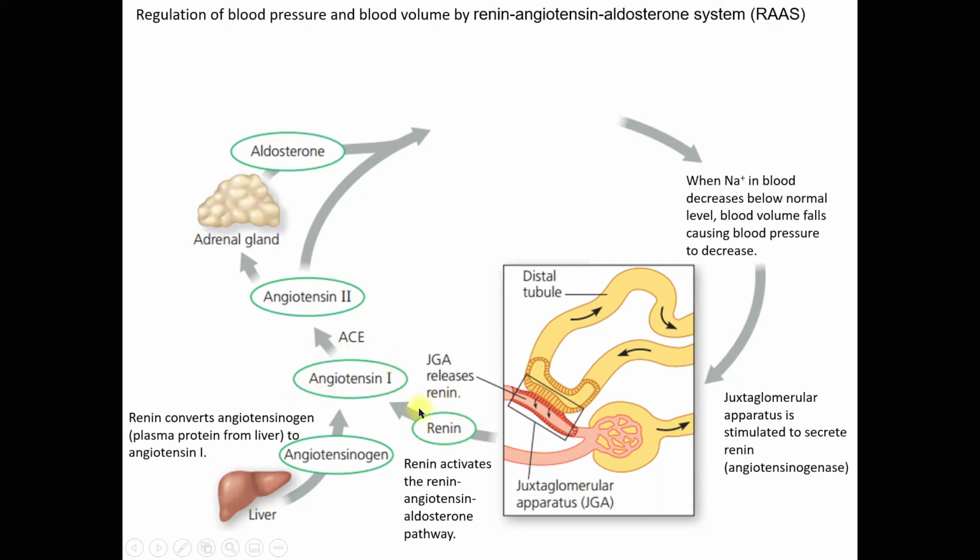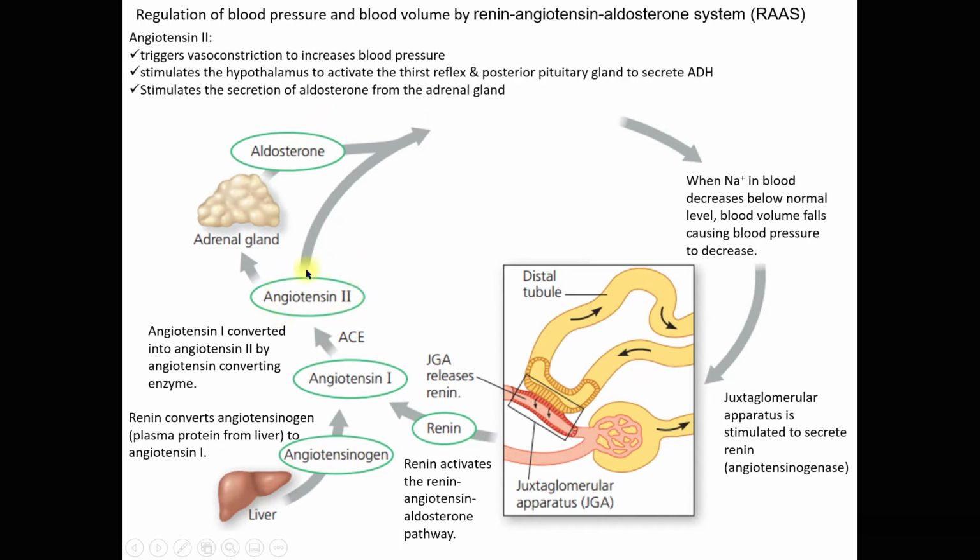Renin from the juxtaglomerular apparatus will convert angiotensinogen from the liver into angiotensin 1. Now this angiotensin 1 will be converted into angiotensin 2 by ACE, which is angiotensin converting enzyme. In the exam, do not write ACE, please write angiotensin converting enzyme. Now we have this angiotensin 2.